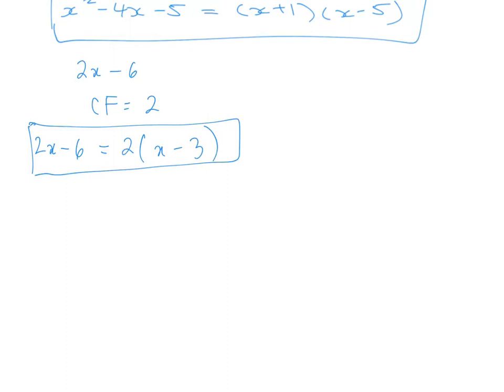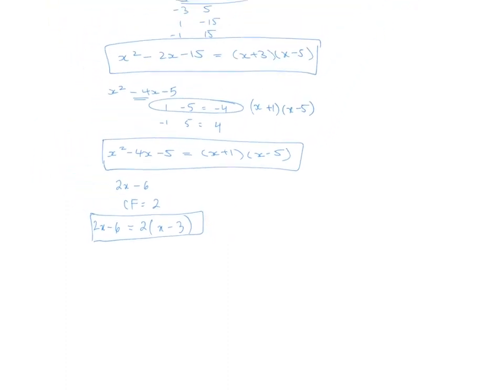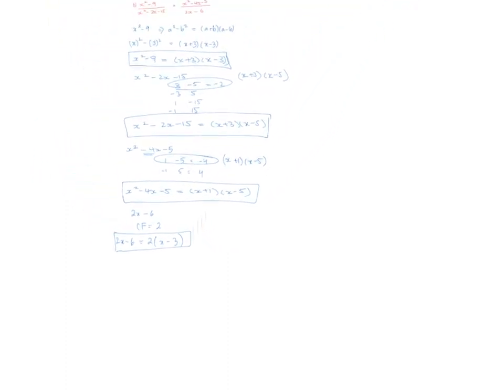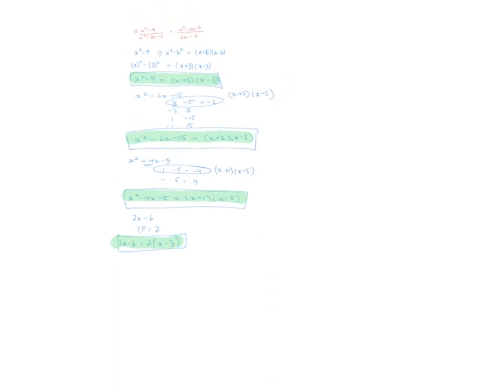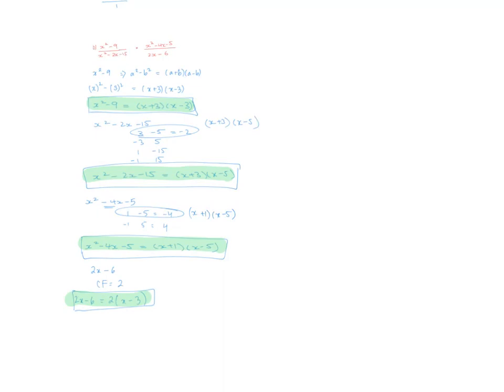So what I now need to do is use everything I have found. So use all the factorised forms and substitute them into my original expression, so into this original expression over here. So let's do that.